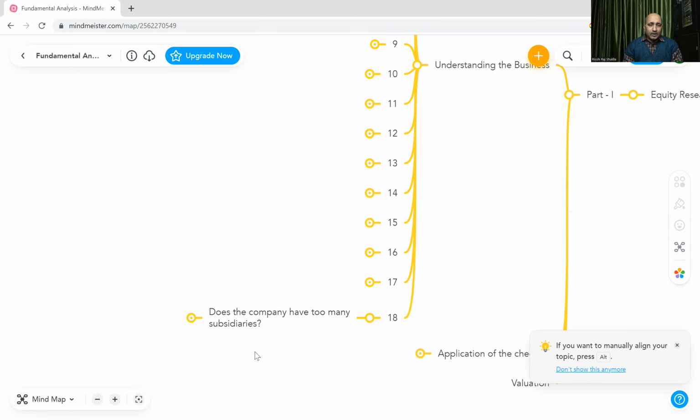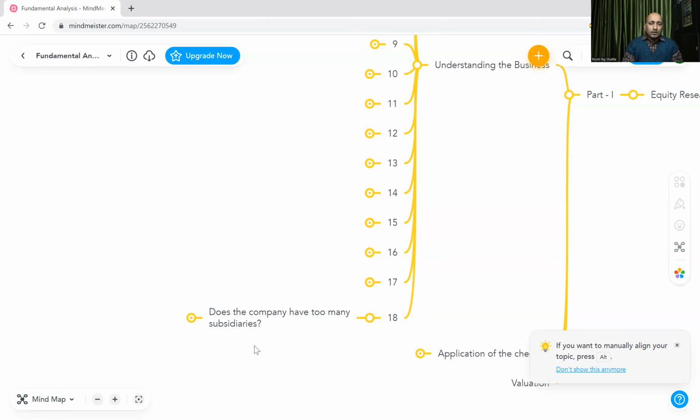Does the company have too many subsidiaries? This can be a red flag also. If they are creating so many small subsidiaries, and there are too many inter-party transactions happening, that can be a red flag, because through inter-party transactions they may be appropriating some finances. Earlier, with Mirza International, there were so many inter-party transactions.